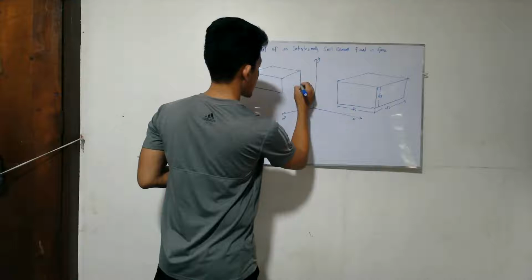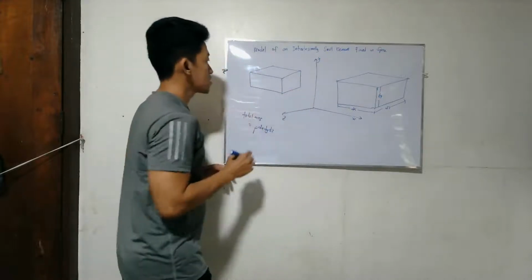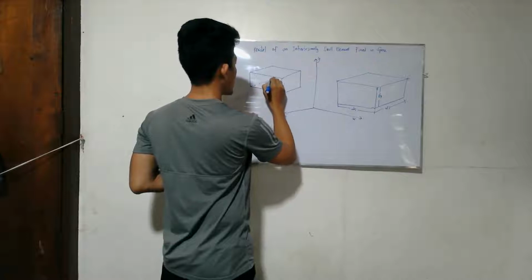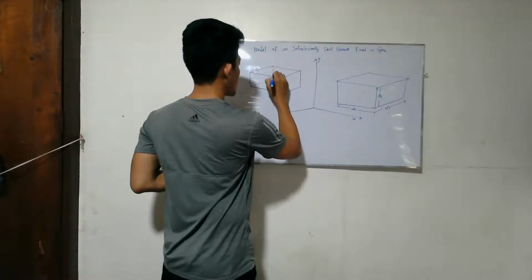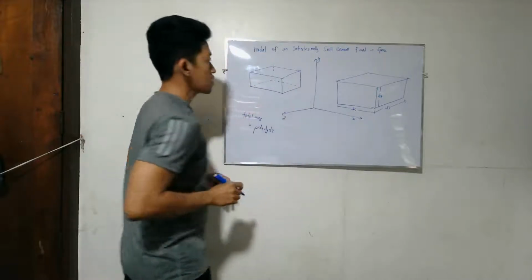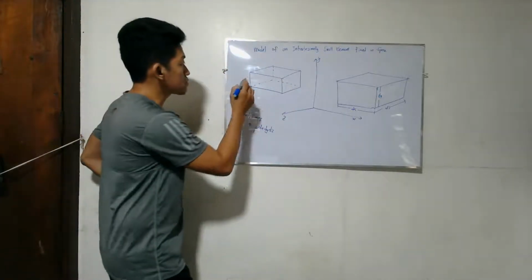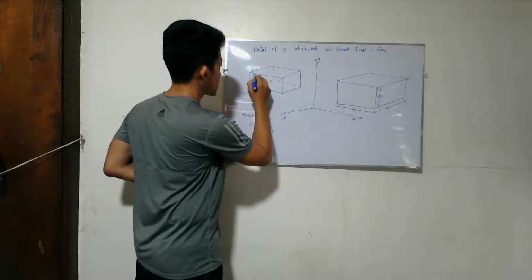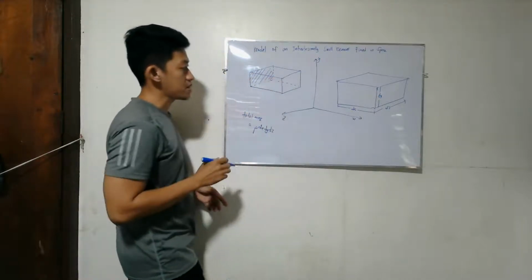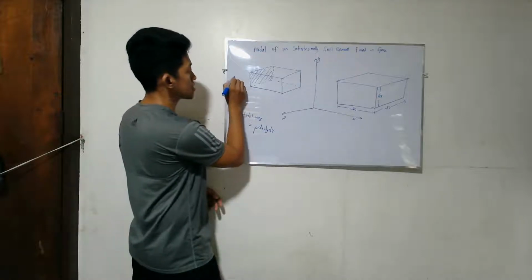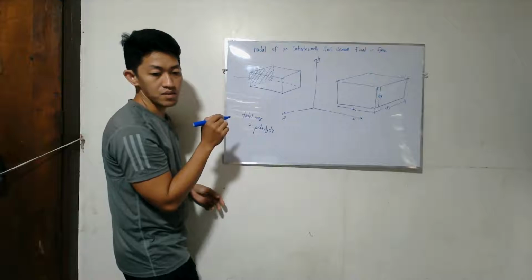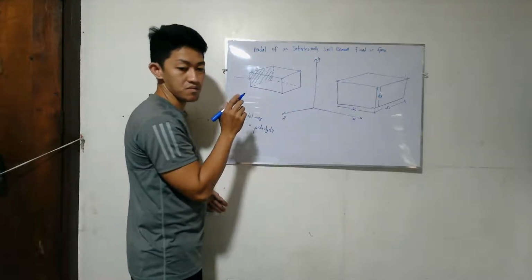Okay, so what is the mass flow nga mo sulod diri? Mass flow rate is density times area times velocity, right?